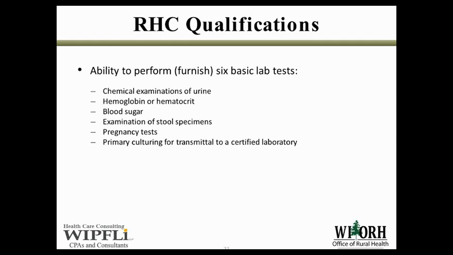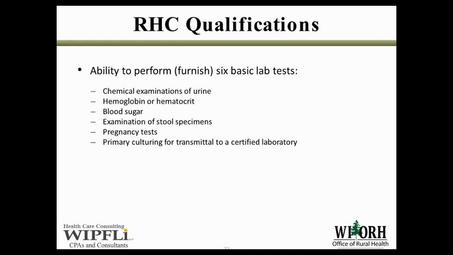Some additional requirements. There is a requirement that a rural health clinic must be able to perform or must furnish at least 6 basic laboratory tests, and we've listed those 6 basic tests here in slide 22. The requirement is not that every patient who needs one of these 6 tests has to be performed within the rural health clinic.